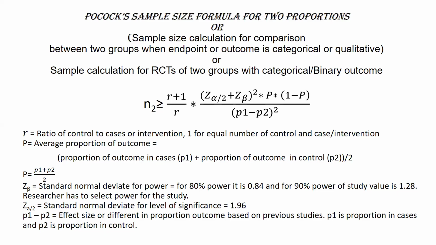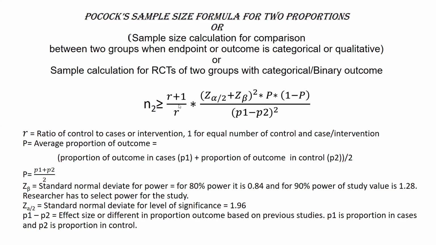So can anybody calculate the sample size with 80% power of study and 95% confidence interval? What we have done? We have calculated R, because there is an equal sample size, so R is equal to 1.